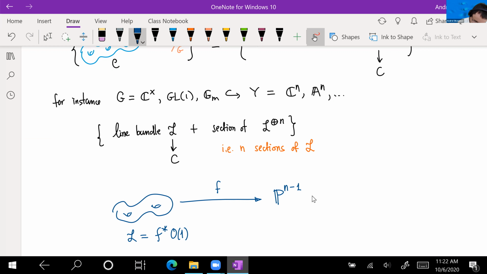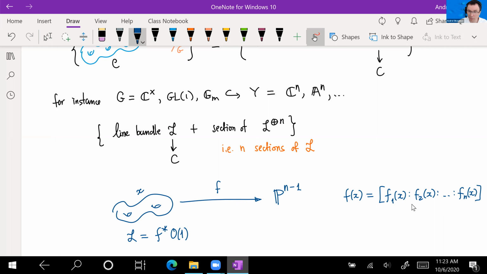If there is some kind of coordinate, maybe call it x, then this map f of x would be given by n homogeneous coordinates: f0 of x, maybe f1 of x, f2 of x, and so forth, fn of x.